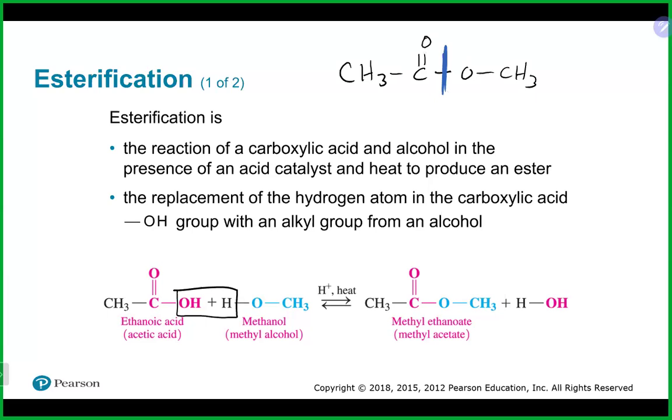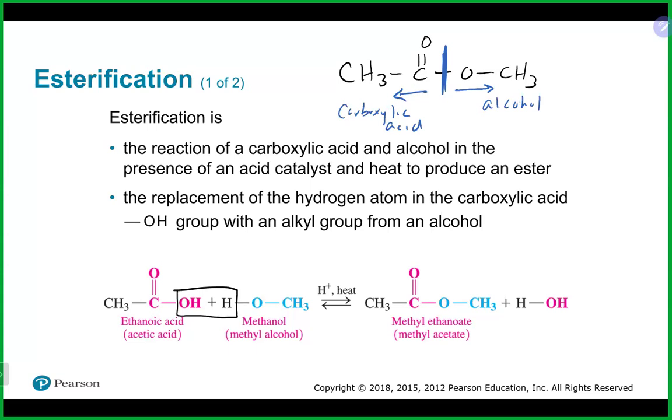Now, as you go towards the double bonded oxygen, that's your carboxylic acid part of your ester. And as you go away from that carbon oxygen double bond, that is your alcohol part.